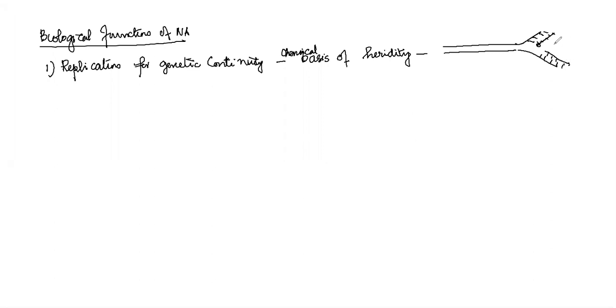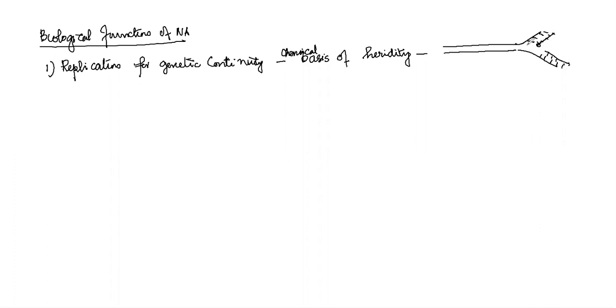The adenine, guanine, everything will be synthesized inside the cell, and that will be put here, and new daughter DNA strands are formed before the cell division.